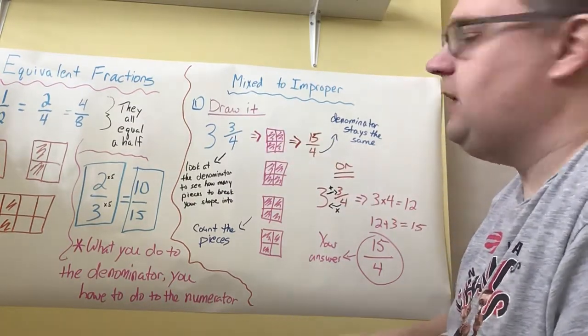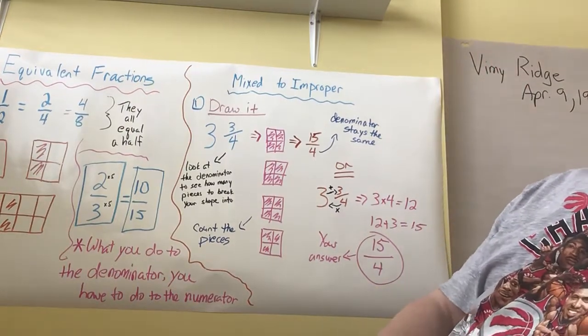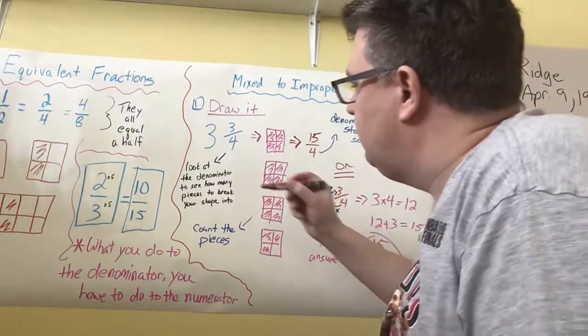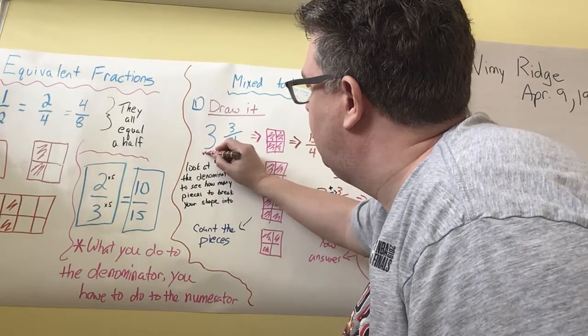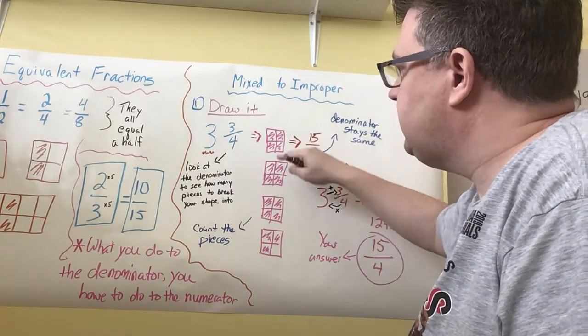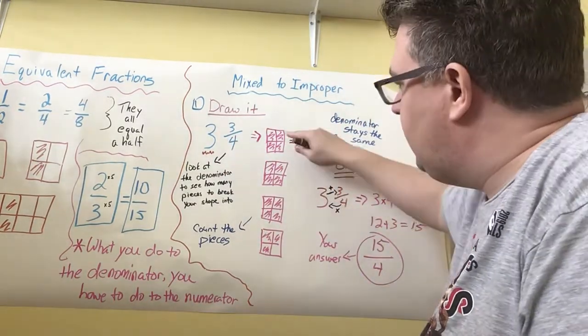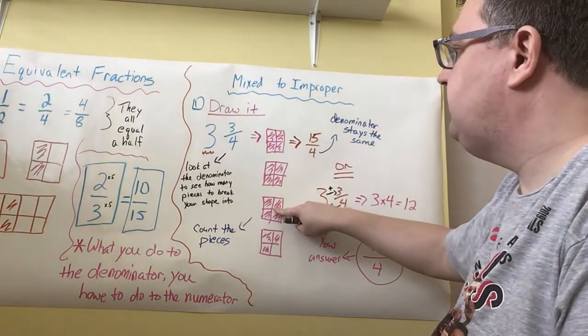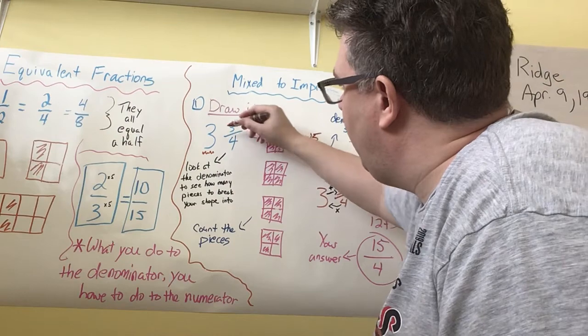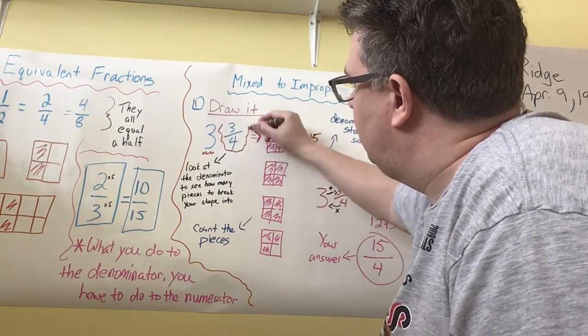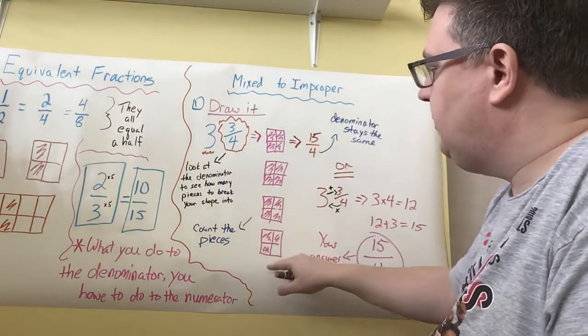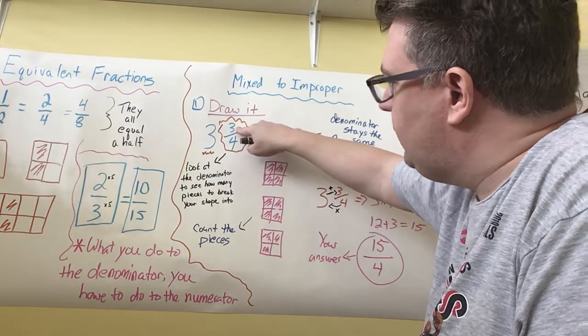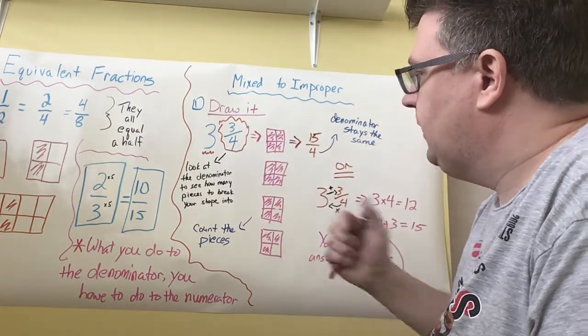And the whole number here, 3, tells me how many full boxes I have to make. So I need to make 3 full boxes. And once I've done that, I now look at my fraction part. So in my last box, I only need to shade in 3 of the 4 boxes. All right.